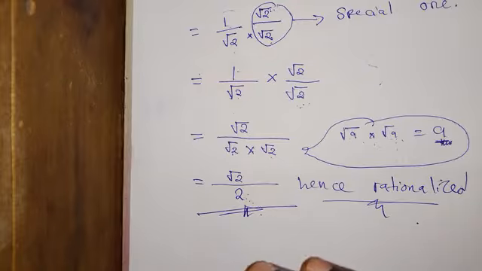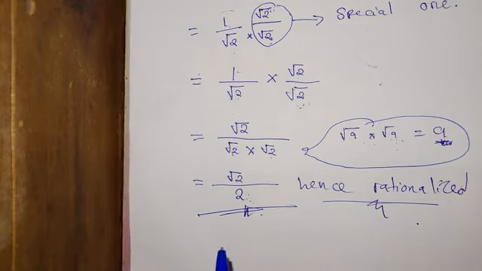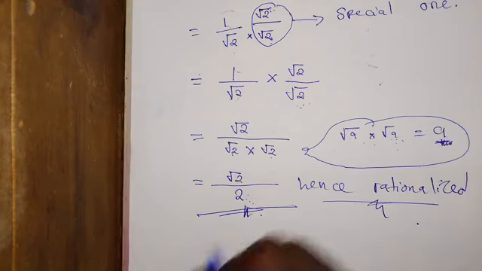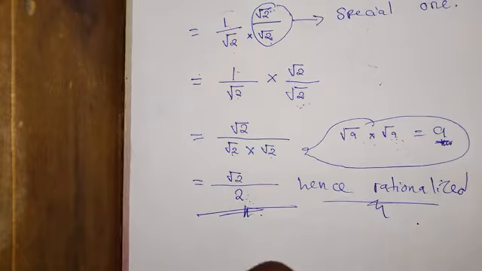So this is the simplest rationalization question you can be given. Basically, when it comes to rationalization, you're just being taught to make the denominator free from a radical or a SAD. If you're rationalizing the numerator, you're trying to make the numerator free from a SAD. Here, our first example is talking about rationalizing the denominator.